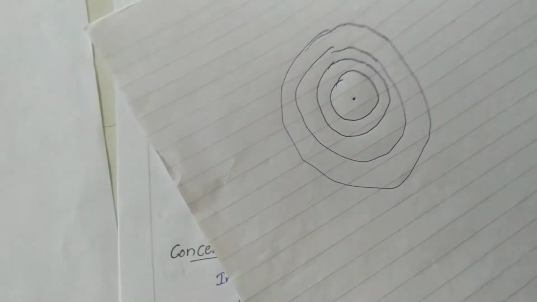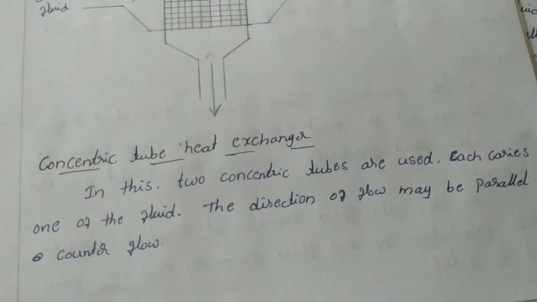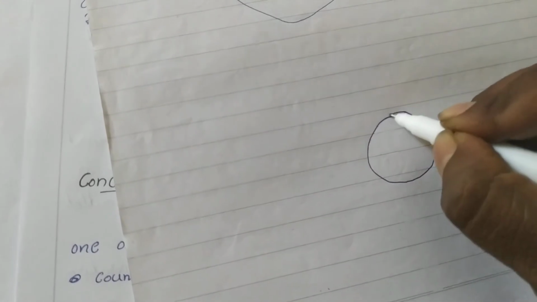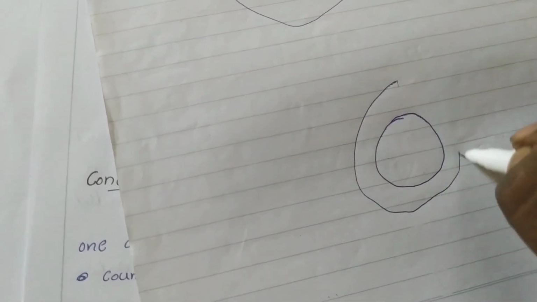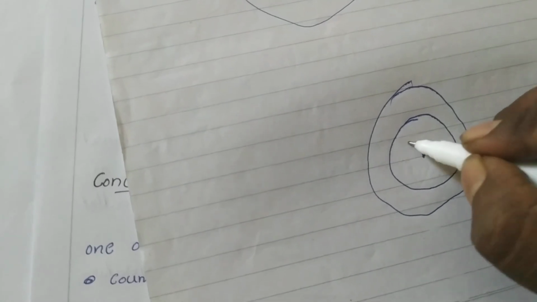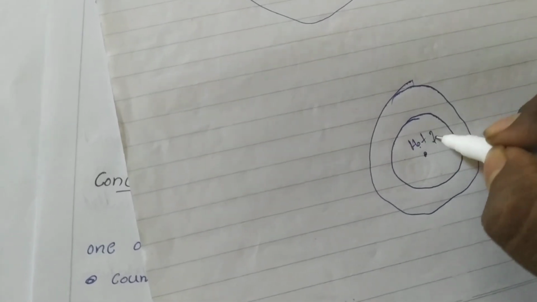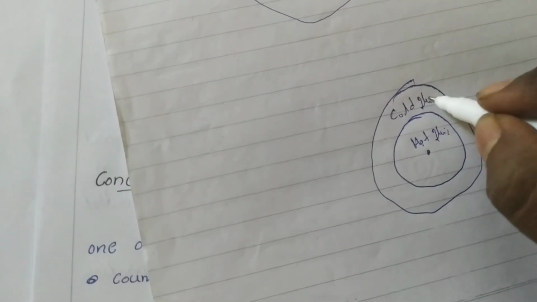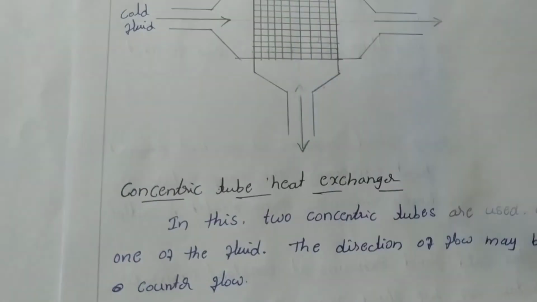So here we use two concentric tubes, each carrying one of the fluids. For example, this is one tube and this is the other tube. Both tubes have the same center line, so this tube carries, let us consider, the hot fluid and this one carries the cold fluid. That is called a concentric tube heat exchanger.